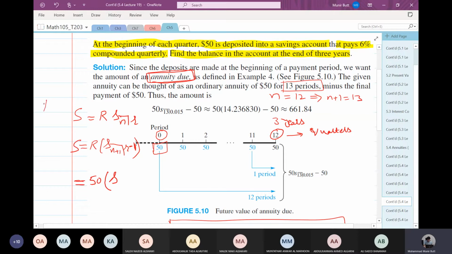Before, the sum was this one, but for annuity due we have one more period. For annuity due the sum becomes this, and this was the simple annuity.